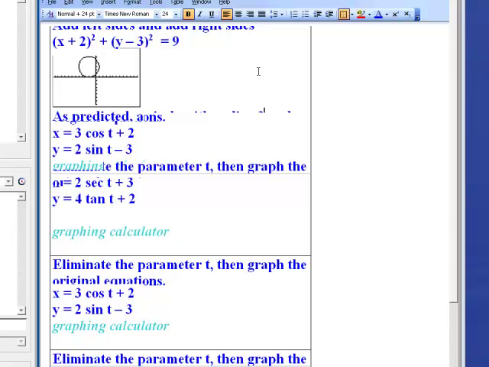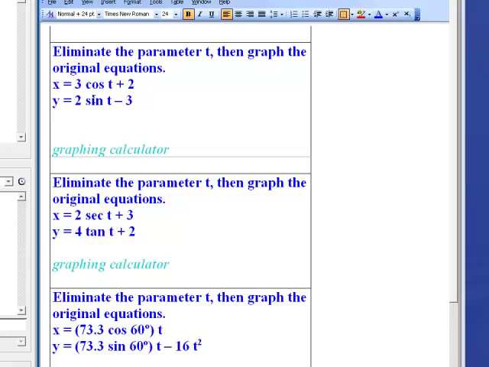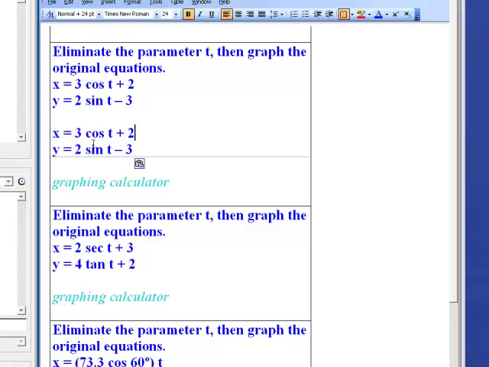This time we go ahead and do that first, eliminate the parameter t, and we're going to do it in the same kind of fashion. So we're going to subtract 2 on the other side, and we add 3 on this side. Then we're going to square everything.